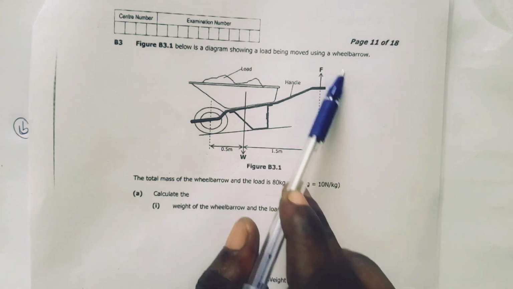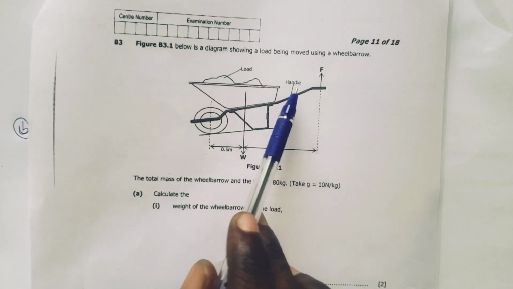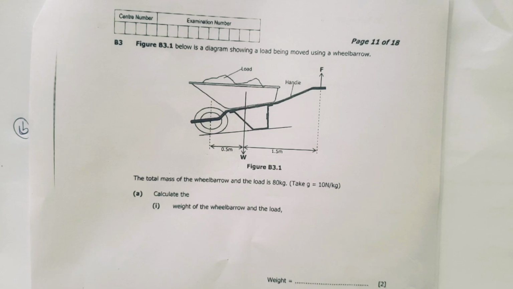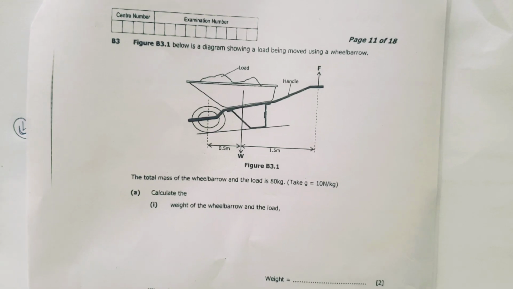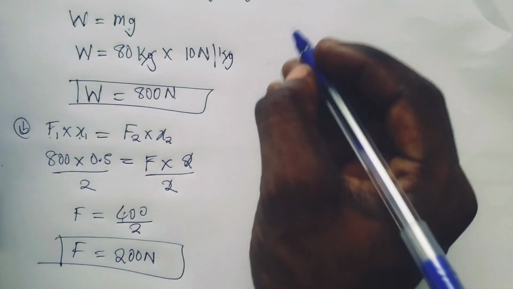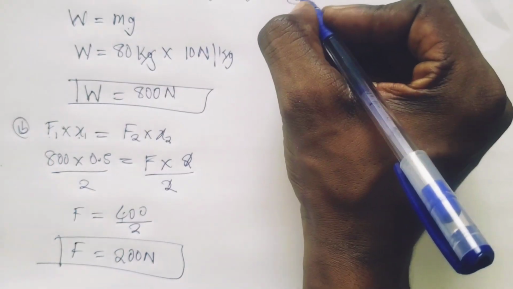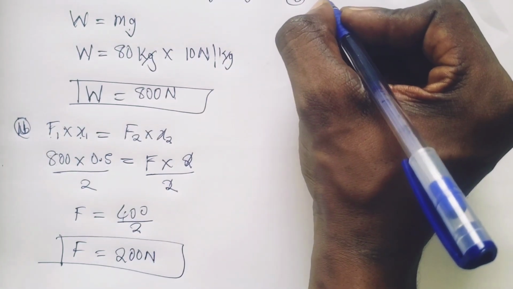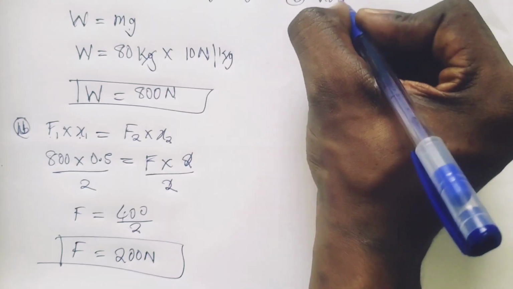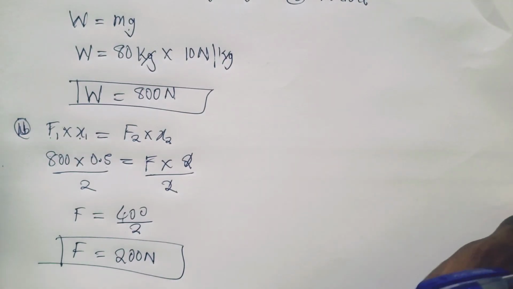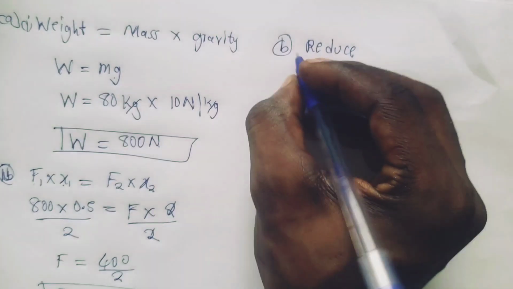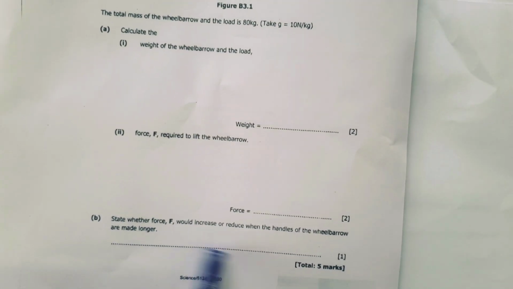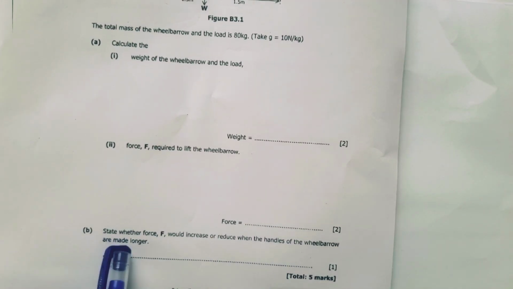The longer the handles, the less the force. So for B, the force will reduce. So the force will reduce when the handles of the wheelbarrow are made longer.